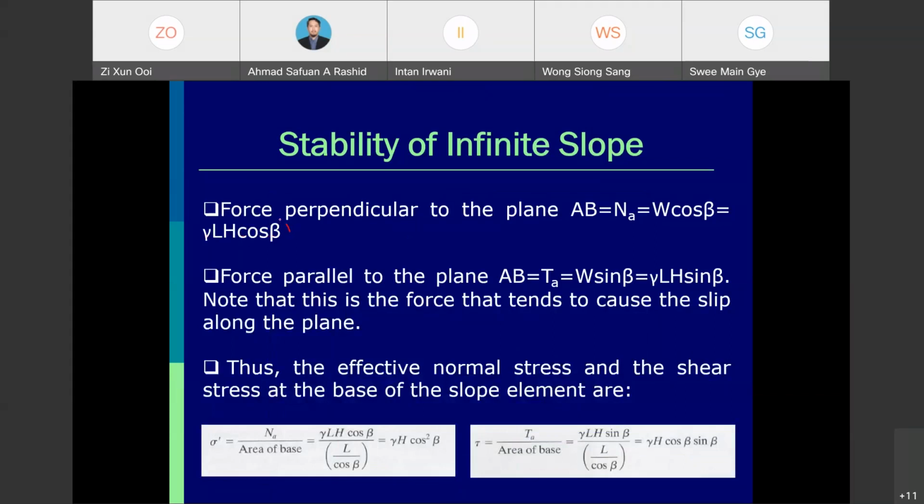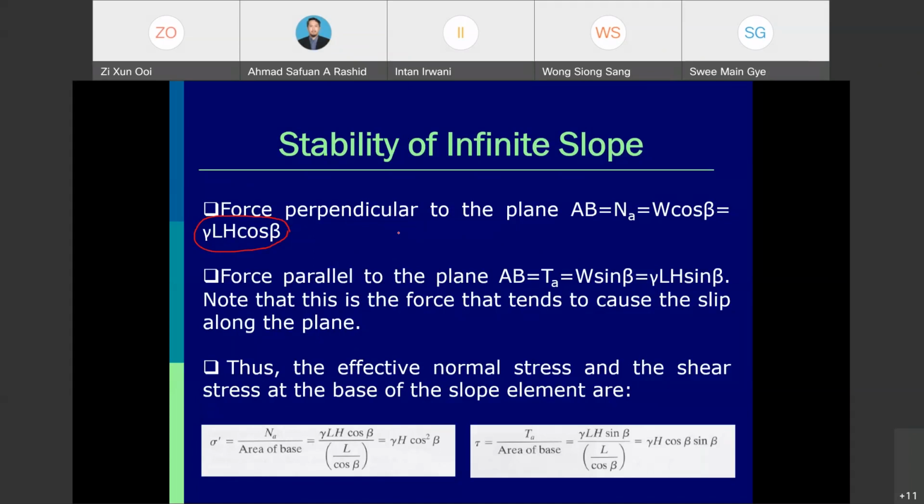So this is the equation for NA. Then the force parallel to the plane AB, which is TA, what we call the driving force, is W sine beta or gamma L H sine beta. Note that this is the force that tends to cause the slip along the plane.